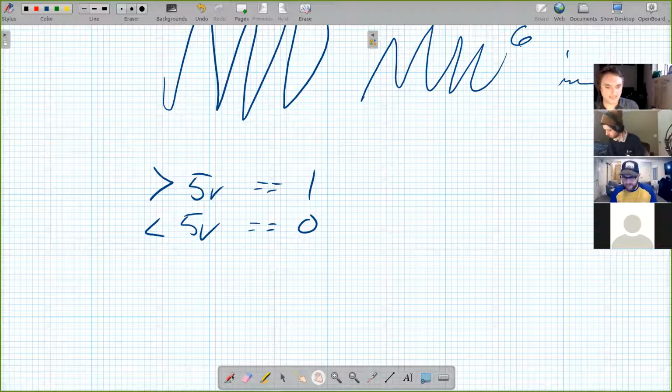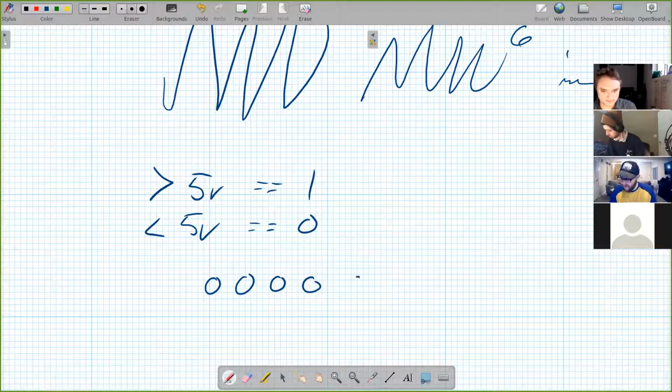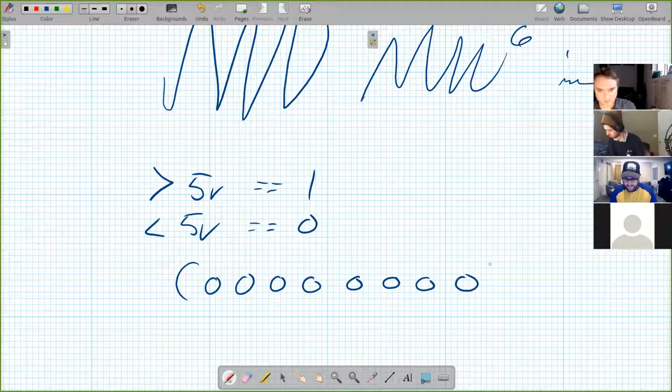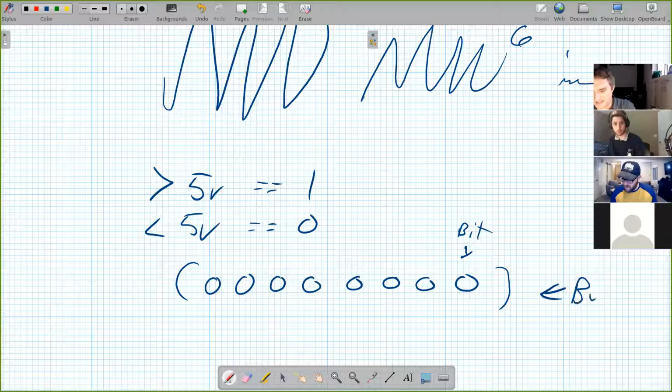And a byte is 8 positions. So each group of 8 is a single number. Each one of these individual positions is called a bit. So we say that that's a bit. This is a byte.